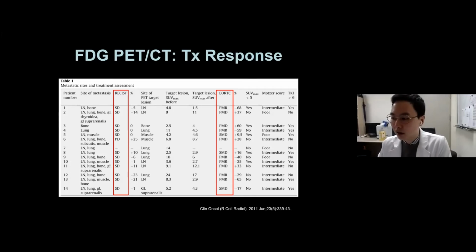And actually they compared the PMR and SMD group with the PMD, the progression group, and they have shown a significantly improved prognosis in the metabolic response or stable disease groups. So they insist that using this FDG PET as a treatment response can be useful as a criterion for treatment assessment.